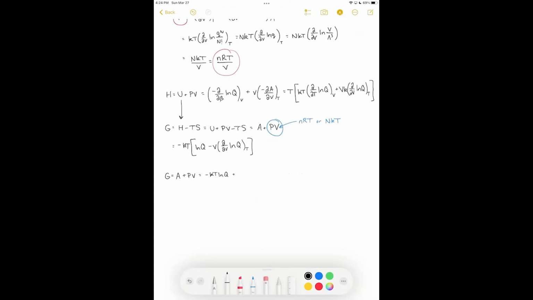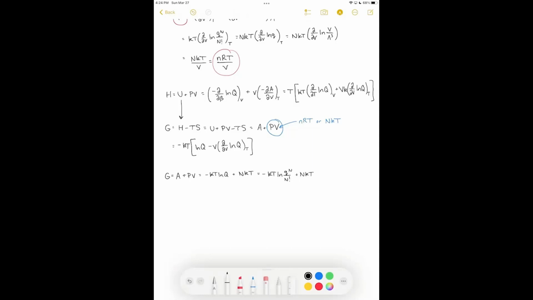And then we'll add in nkT for PV. We can group this together, and so what we can have is negative kT natural log of Q to the n over n factorial plus nkT.